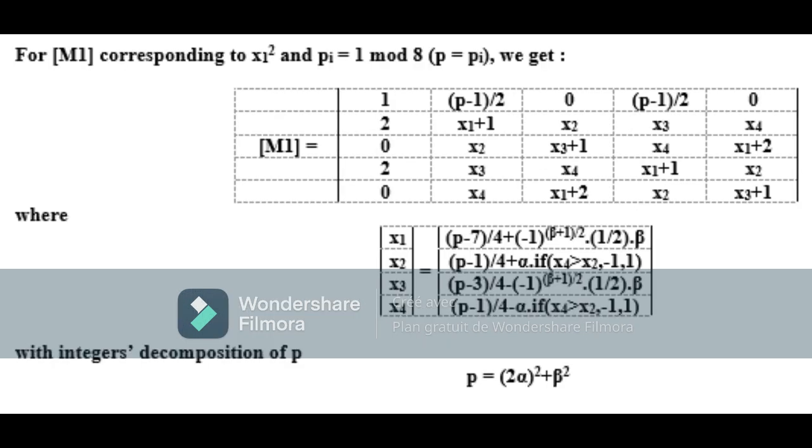In particular, the matrix components will depend on the pi modulo values, as shown for x to the power 2 in the case of pi equal to 1 modulo 8. This may seem tedious, but once you get the resulting matrix, it can be reused in any kind of polynomial equations containing the x to the power 2 monomial.